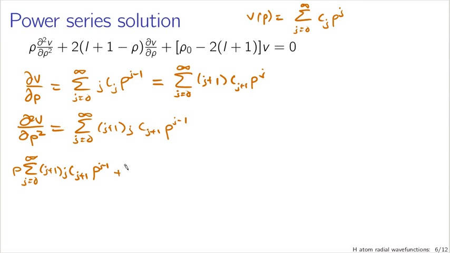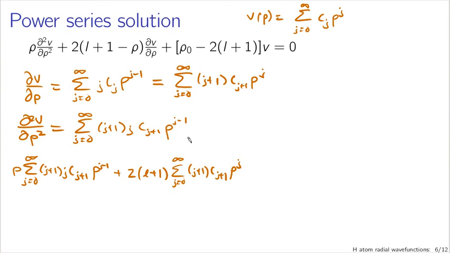So I've got a 2 times the quantity L plus 1, and that's all that doesn't have a rho in it, multiplied by the expression for the first derivative of v with respect to rho: the sum from j equals 0 to infinity of j plus 1 times c sub j plus 1 times rho to the j.